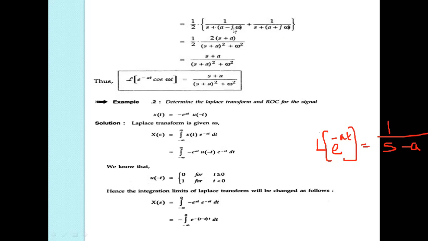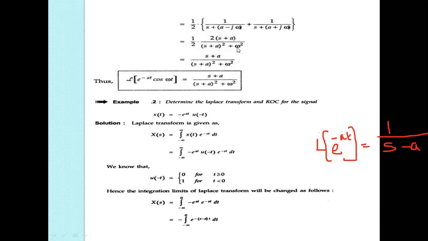Considering s plus a as a and j omega as b, we use a minus b and a plus b, giving a square minus b square, which is s plus a whole square plus j omega whole square.